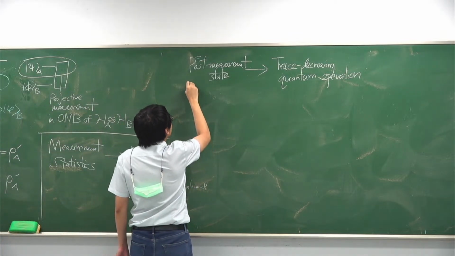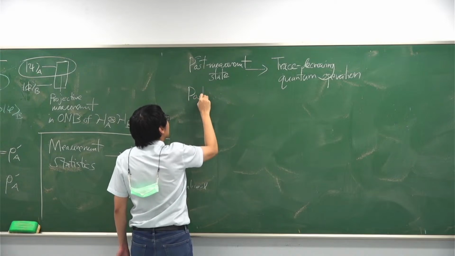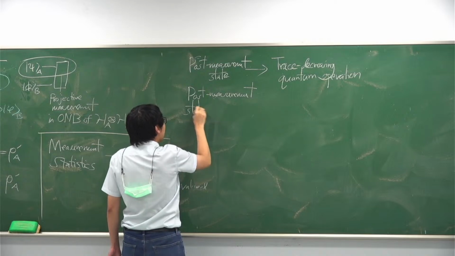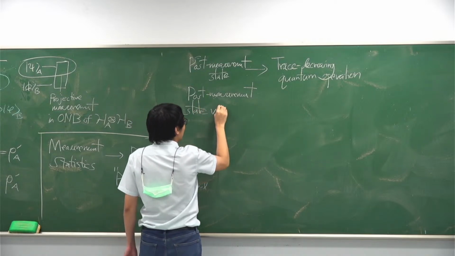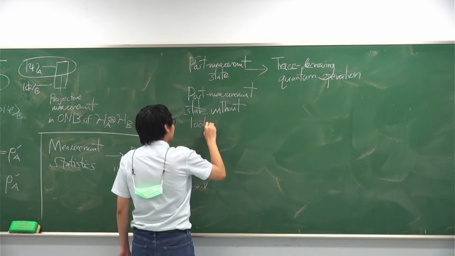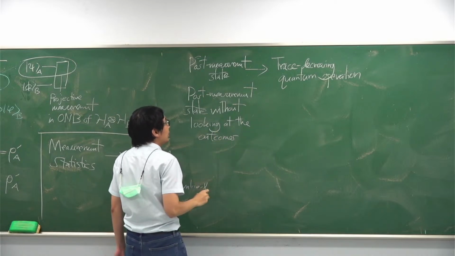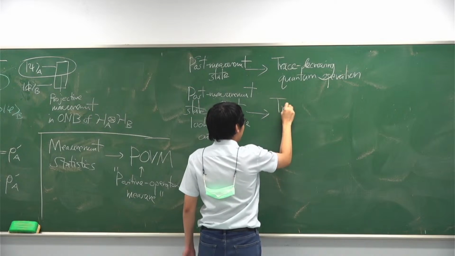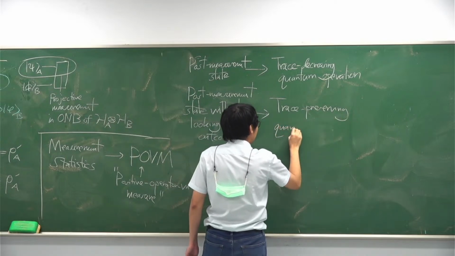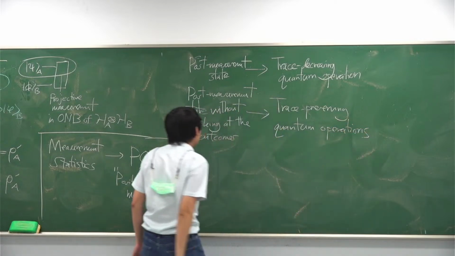And then, the post-measurement state, so the state after the measurement but without looking at the result of the measurement, the outcome, will be given by trace-preserving quantum operation.